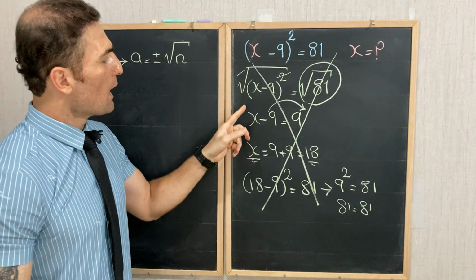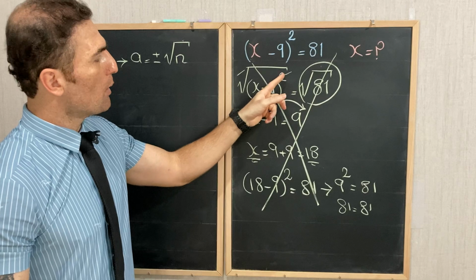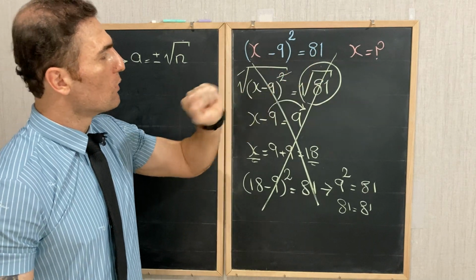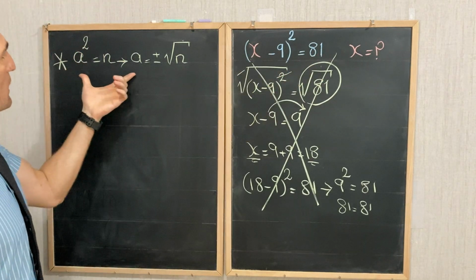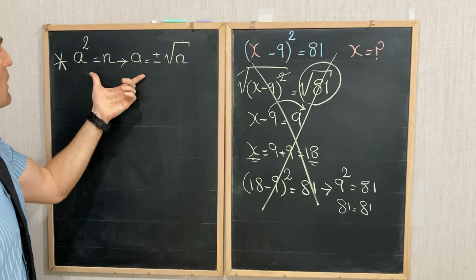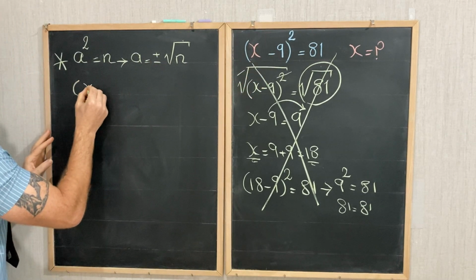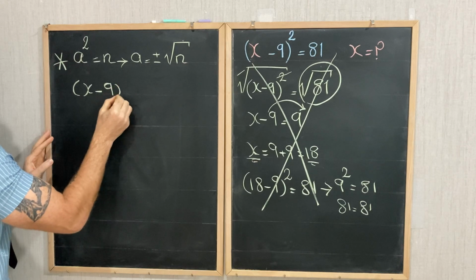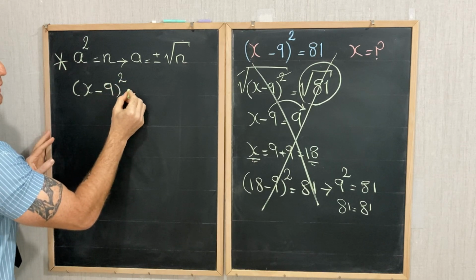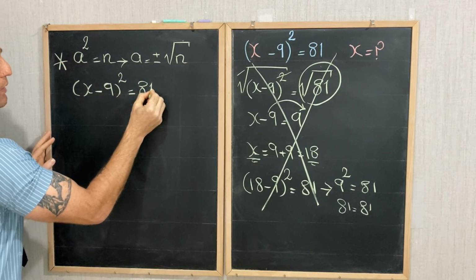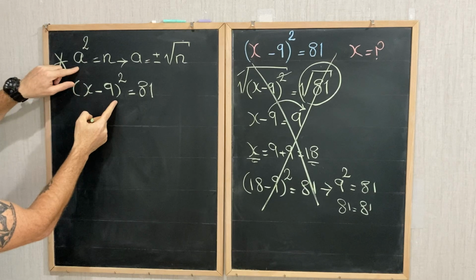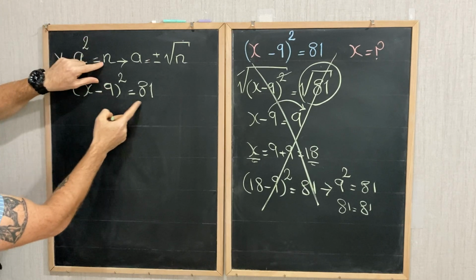So when (x minus 9) to the power of 2 equals 81, we can use this rule. Let me rewrite it. It says (x minus 9) to the power of 2 equals 81. So look, this one is a to the power of 2, and 81.